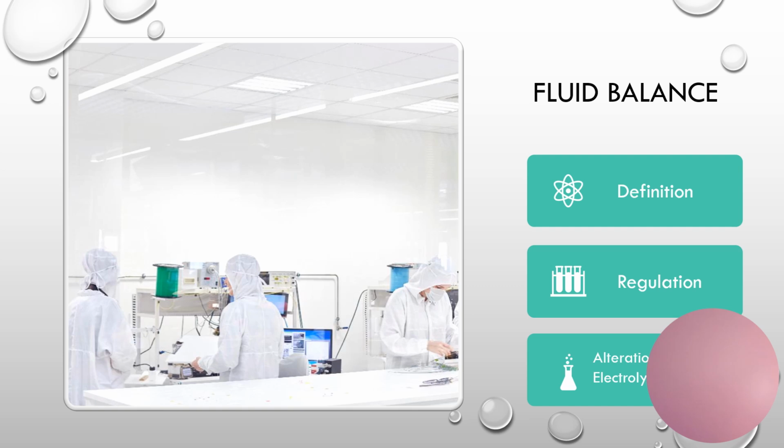Almost all of the major organs are going to work together to help maintain a proper fluid balance. But the key organs that help regulate output include the kidneys, the skin, the lungs, and the intestines. And then, of course, the output should be approximately the same as the input, so 2,200 to 2,700 mLs per day.